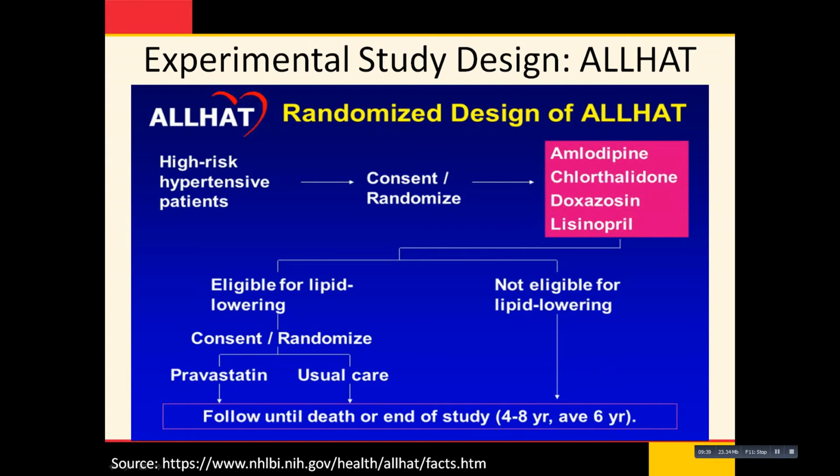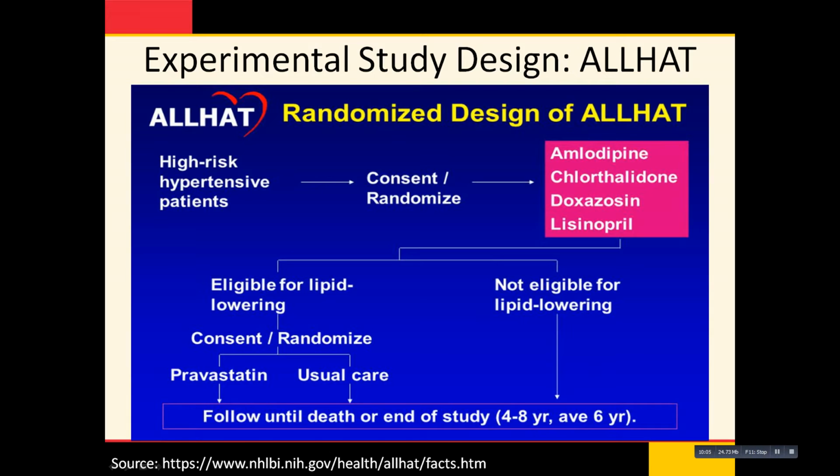Interestingly, this had a second randomized arm where, if those patients were eligible for lipid lowering and again consented and met inclusion and exclusion criteria, they were then randomized to pravastatin or usual care. This was a longitudinal study over 8 years, and participants had an average of 6 years of data.